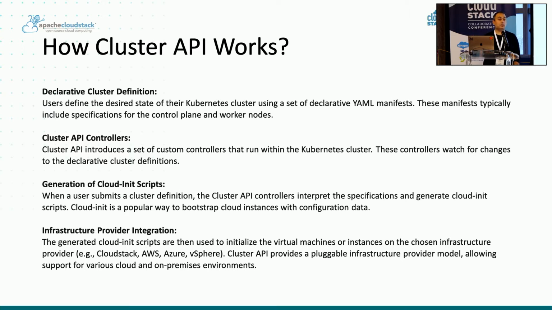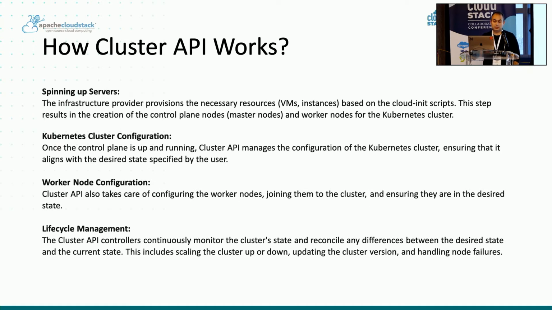It converts everything to Cloud-init scripts, then communicates with the infrastructure provider. Here it is CloudStack, and CloudStack spins up the server with the Cloud-init data that this provider generated. Then everything is there: kubeadm starts the Kubernetes way and builds up the cluster with the nodes. Then you just have a working Kubernetes cluster. Then it adds worker nodes, and everything is completed.